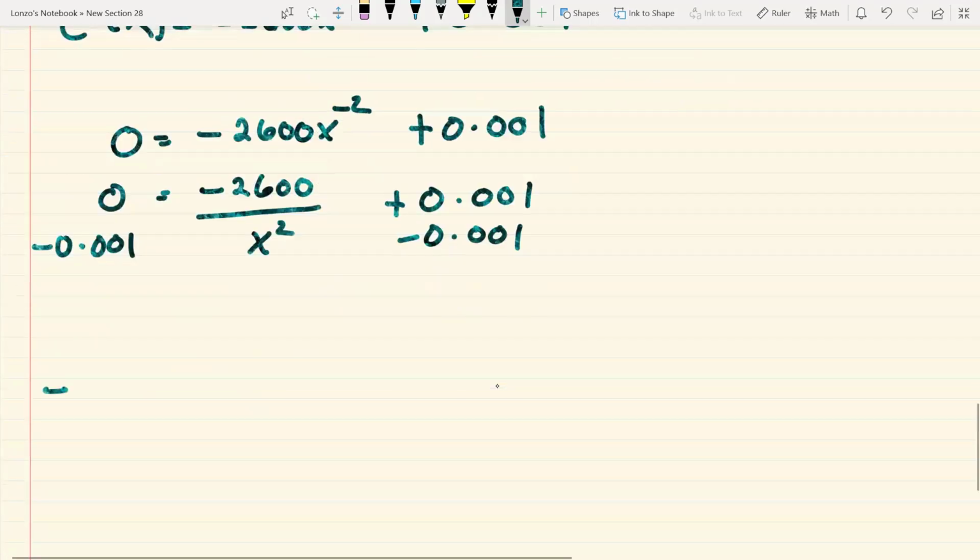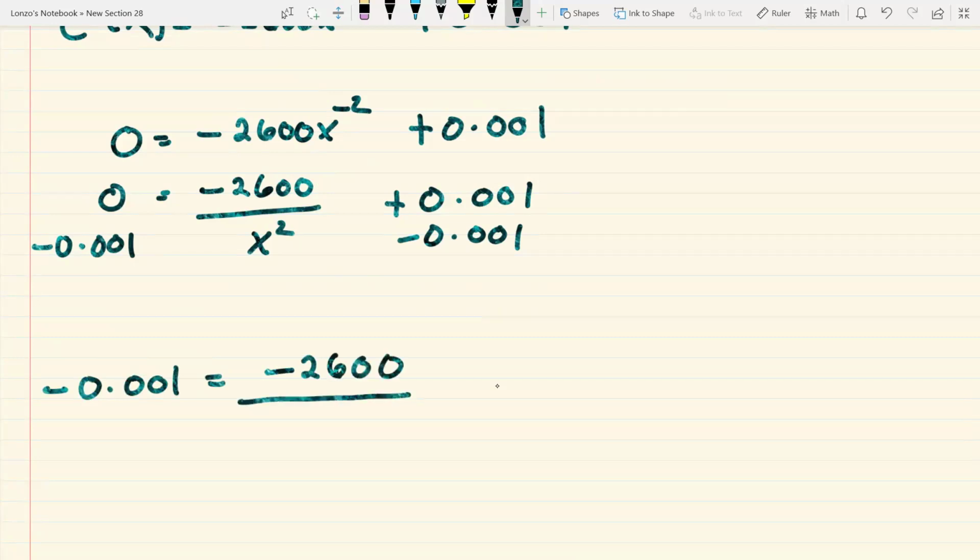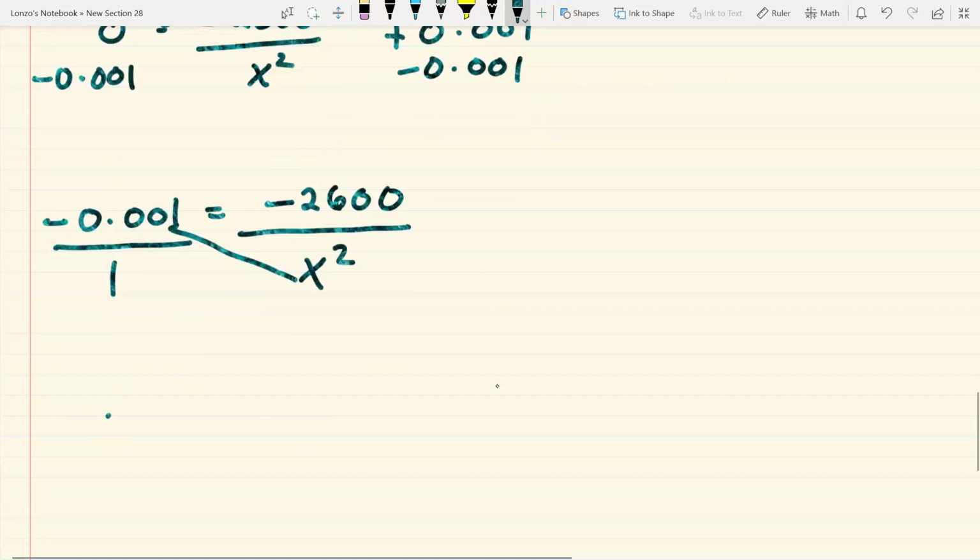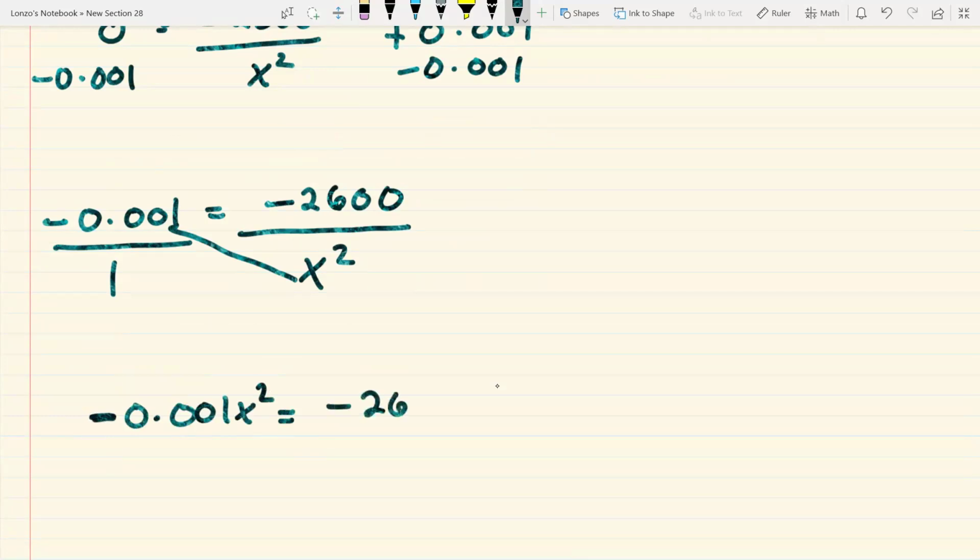So this is -0.001, and then this is -2,600 over x squared. Go ahead and cross multiply. So x squared times that is -0.001x squared, and 1 times -2,600 is -2,600.